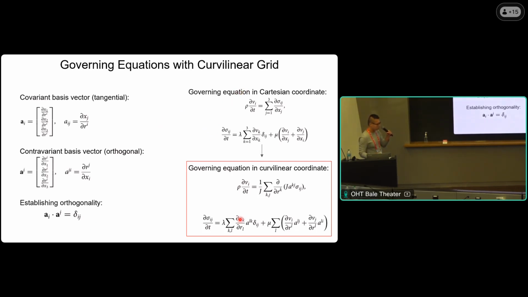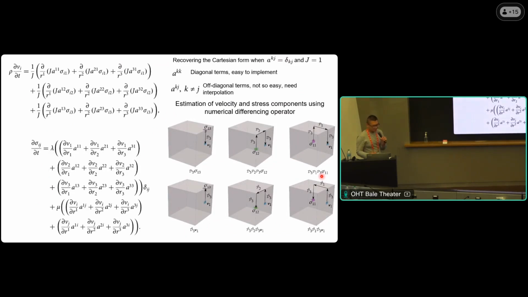We now have a new governing equation to solve if we have a curvilinear grid. You can see there are extra terms right here. There's a J, and there is a basis vector right here to take care of. Let's see how we are going to deal with this. I'm not going to go too much into detail, but I'm going to show you the challenge that we're facing.